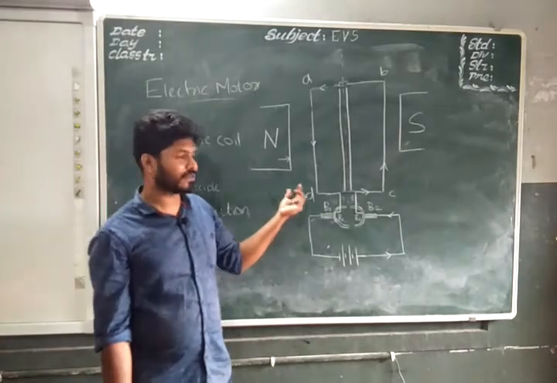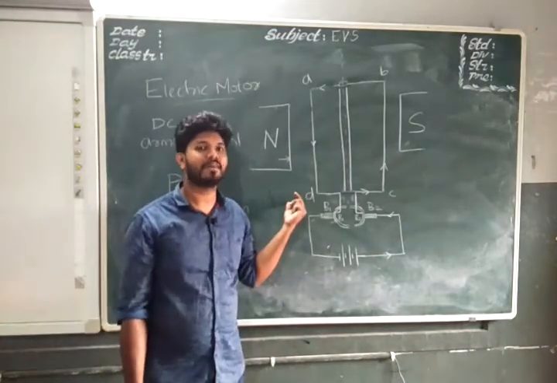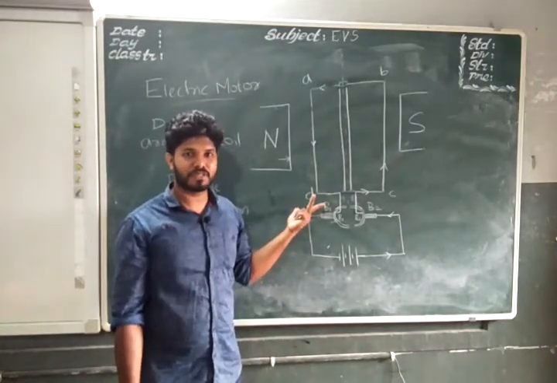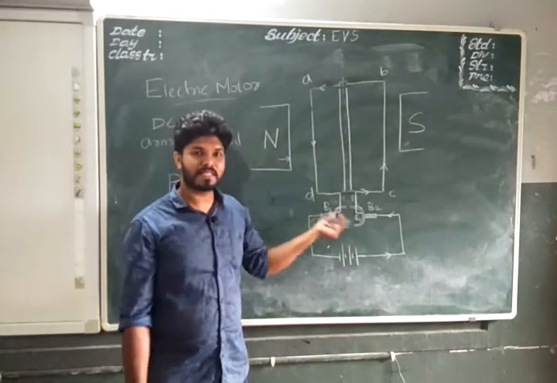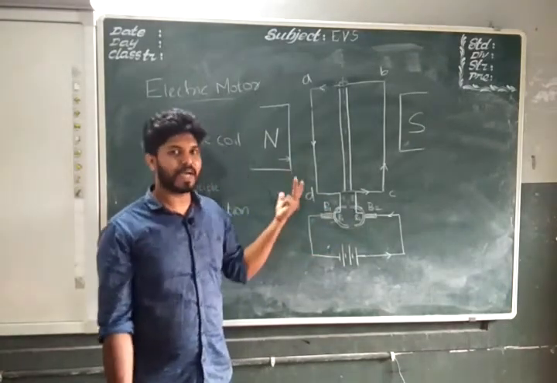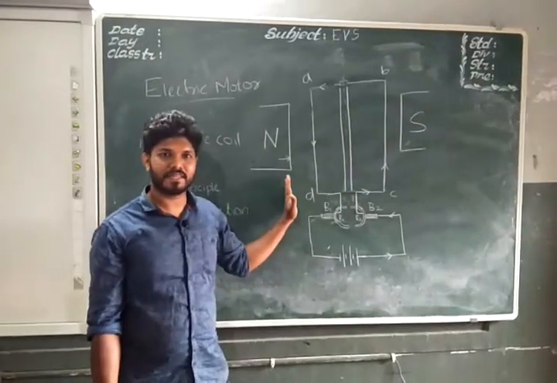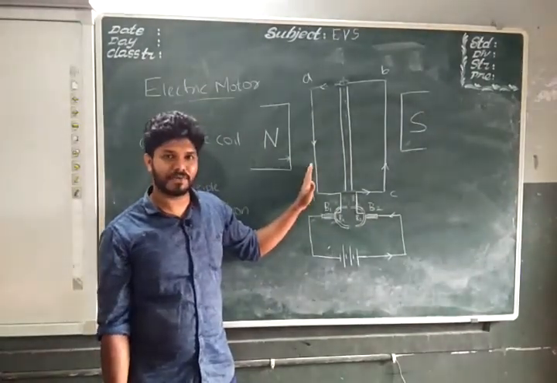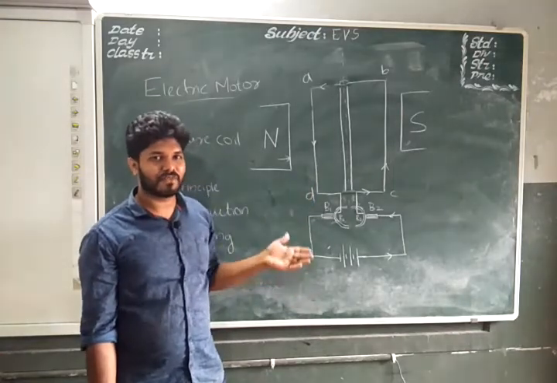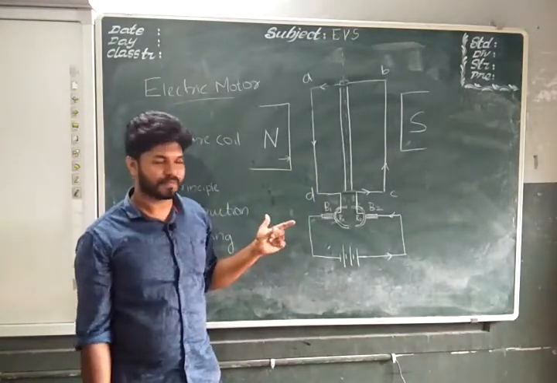Fleming's left-hand rule helps us find the direction of force if a conductor is placed in an external magnetic field. Here the conductor is in an external magnetic field, therefore it experiences a force. Now let's check the direction of this force.